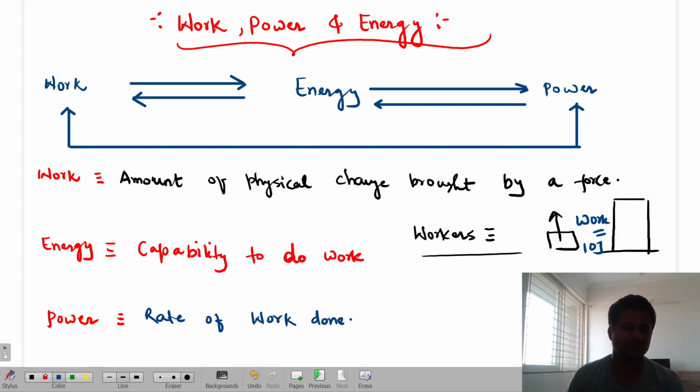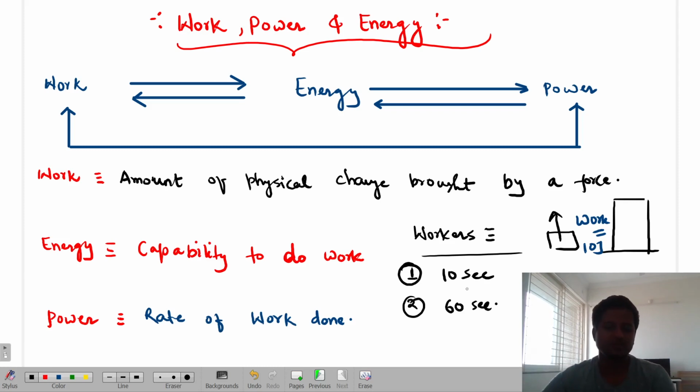Now, one person is doing that same work in 10 seconds. Another person is doing that same work in 60 seconds. So here definitely work is done. Definitely both of them are applying the same amount of energy also, but the rate of that application of energy is different.